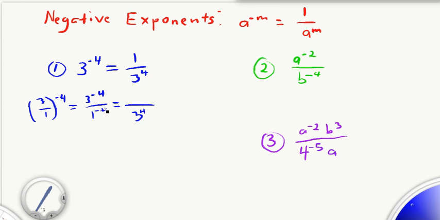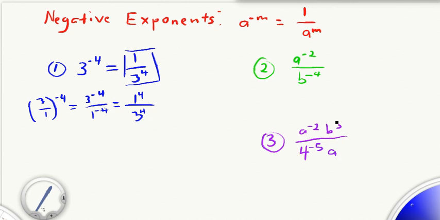This 1 to the negative fourth on the bottom is going to switch up to the top as 1 to the positive fourth. And then it simplifies down to just this answer right here, because 1 times 1 times 1 times 1, however many times you want to do it, no matter how many times you multiply 1 by itself, you're just going to get 1 back.